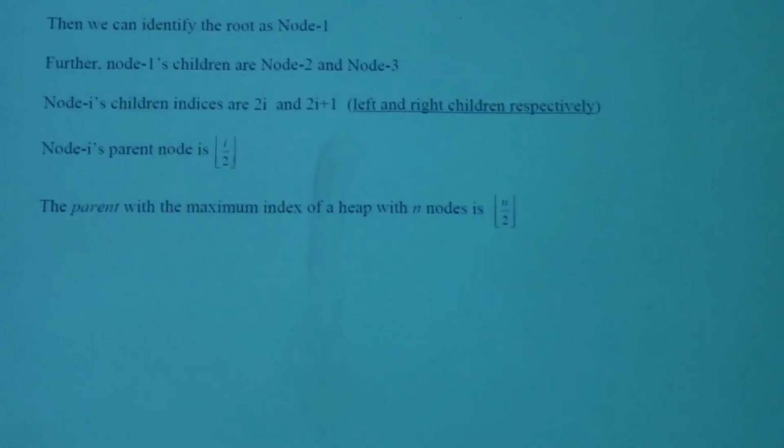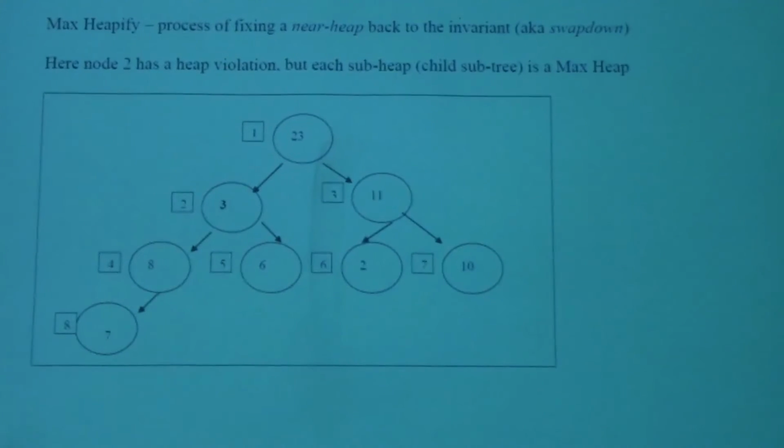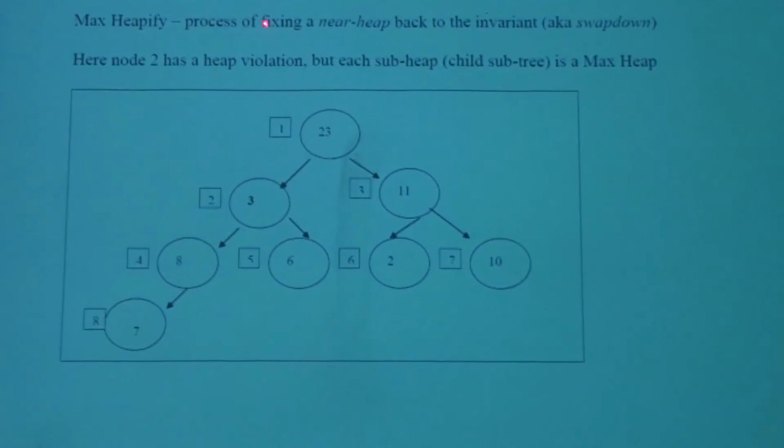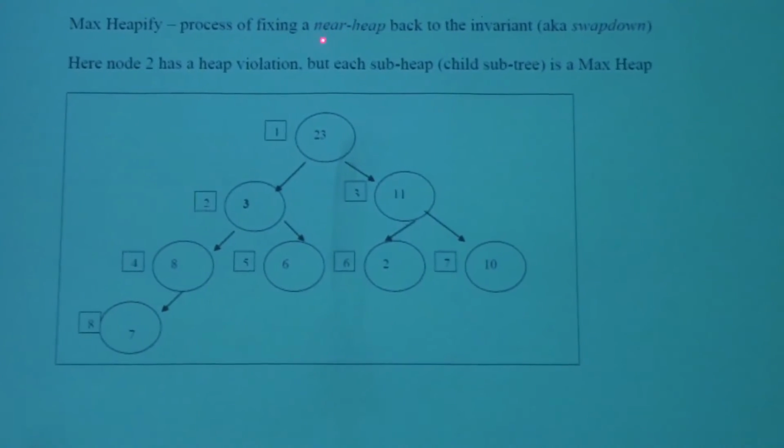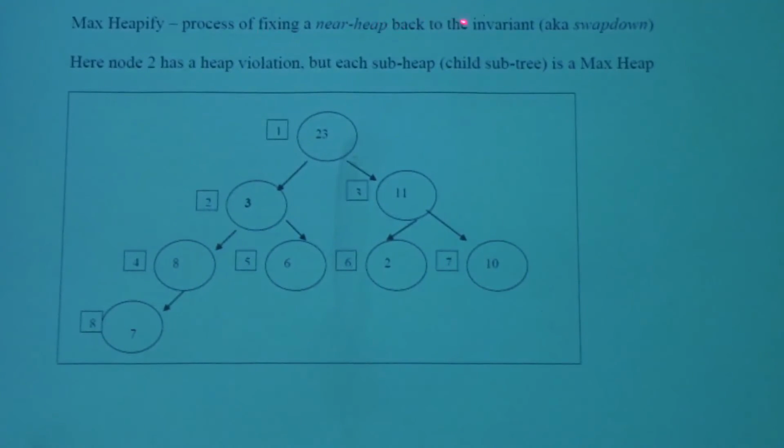Okay, so now we're going to max heapify, which is what we talked about before. This is the process of turning the heap back into a heap. And so basically, at this point, node number 2 is a violation, right? So node number 2 is a violation, but each subheap child is a max heap.